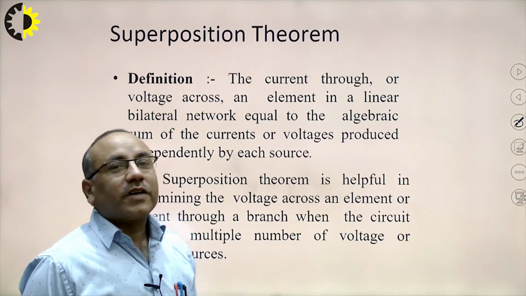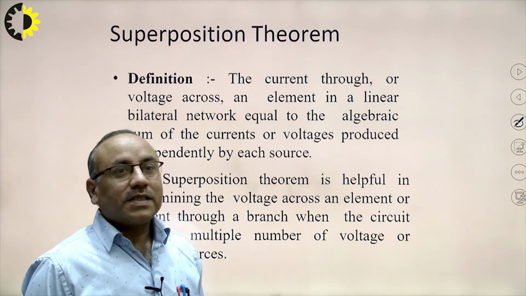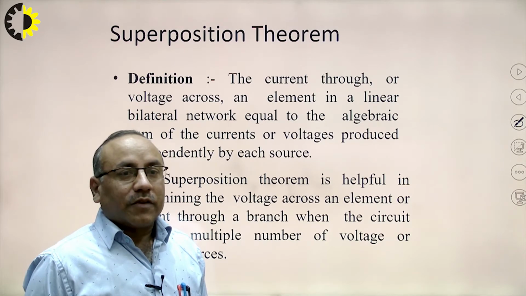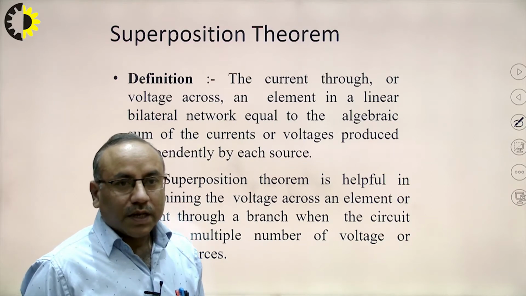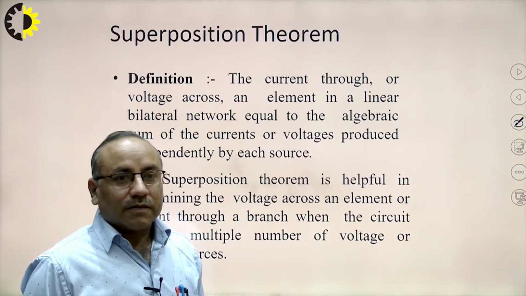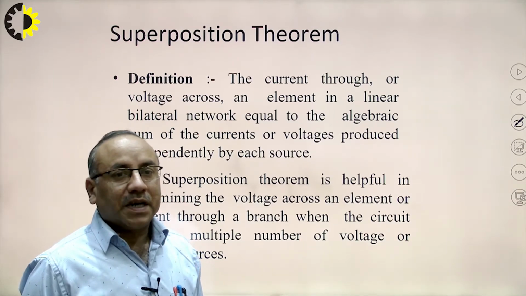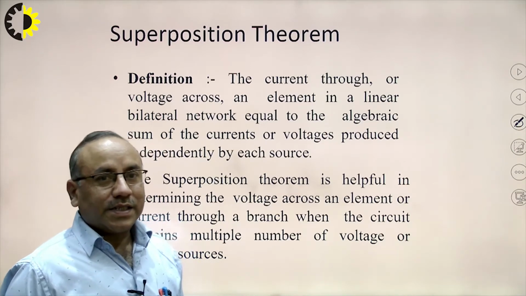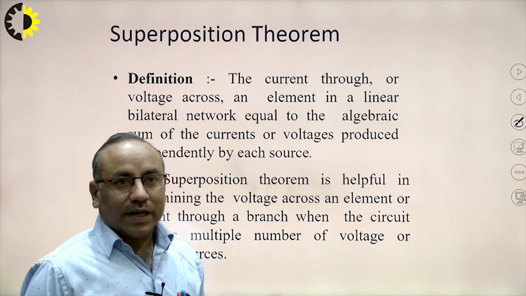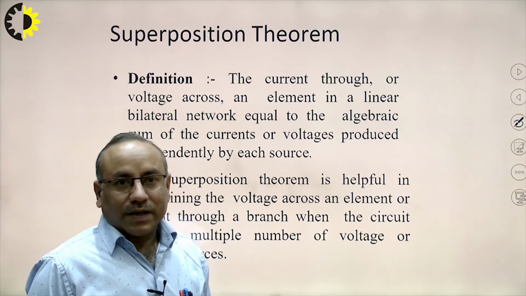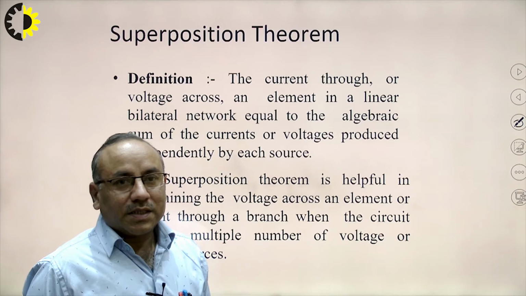If we go for the definition of the superposition theorem, the current through or the voltage across an element in a linear bilateral network is equal to the algebraic sum of the currents or the voltages which are produced independently by each source. The meaning is, suppose we are interested in finding the current through any branch or element, or the voltage across any element or branch.